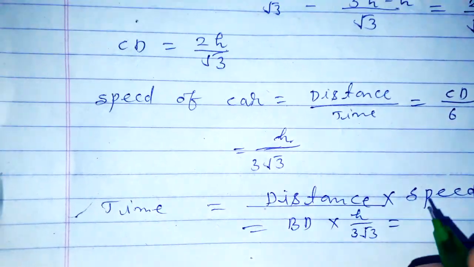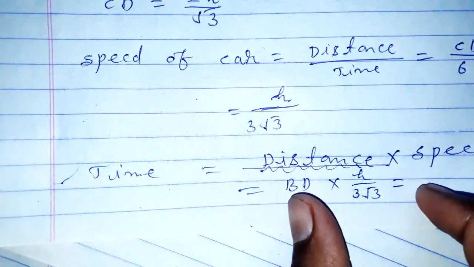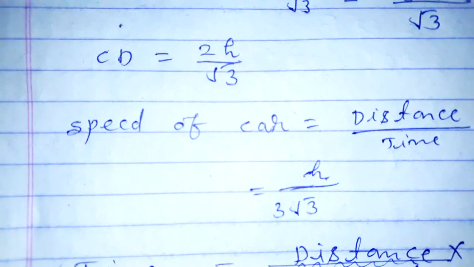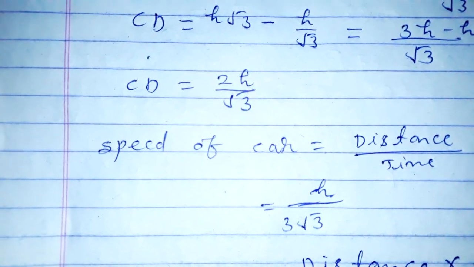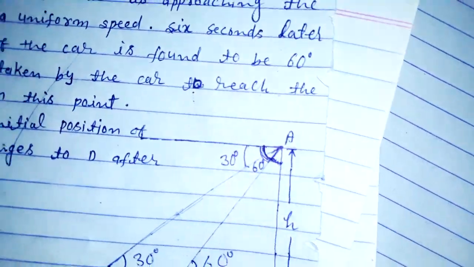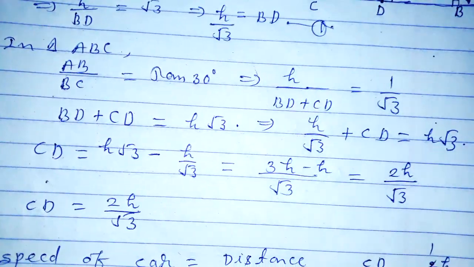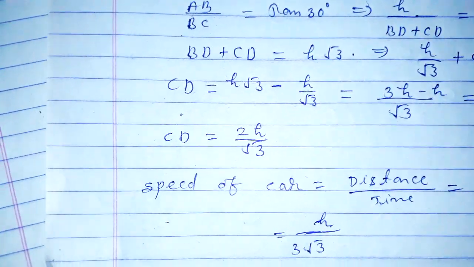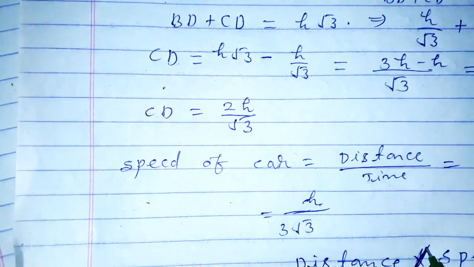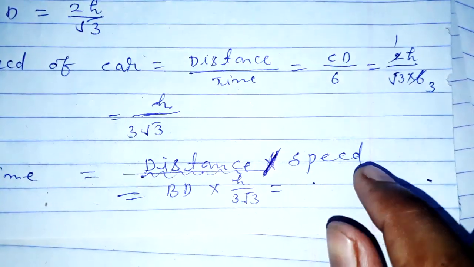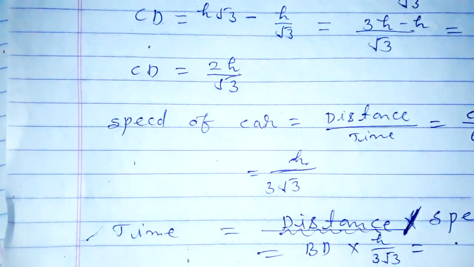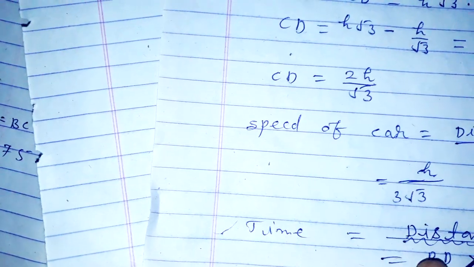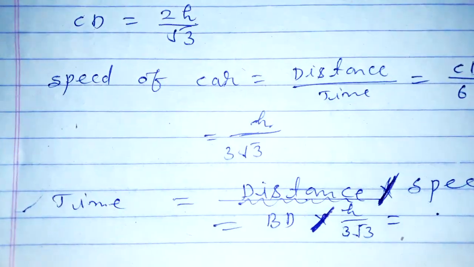What is BD? BD is H upon root 3. Sorry, this is not multiplication, it is a divide sign, because time is equal to distance upon speed.